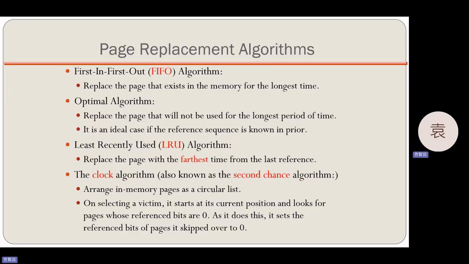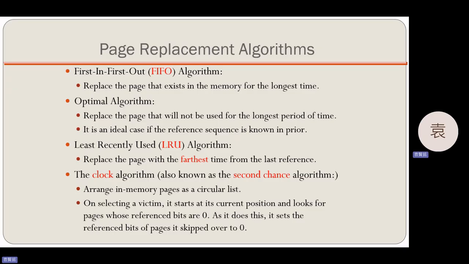That's the basic idea. If during this time period a page is not referenced, and it is a page which has been in memory for a long time and was not referenced during the last page fault period, then that one will be replaced.